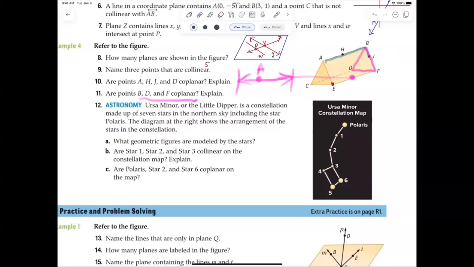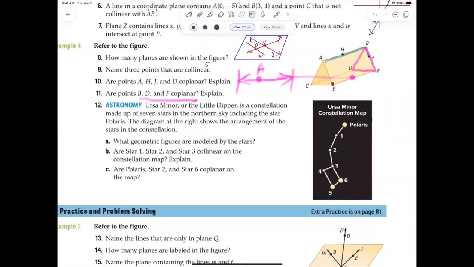All right, here we go. Are star 1, star 2, and star 3 collinear? No. All right. Are they in the same plane? Yes, they would be. Are Polaris, star 2, and star 6 coplanar? Yes.